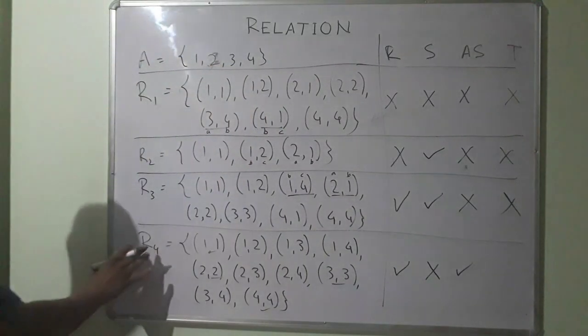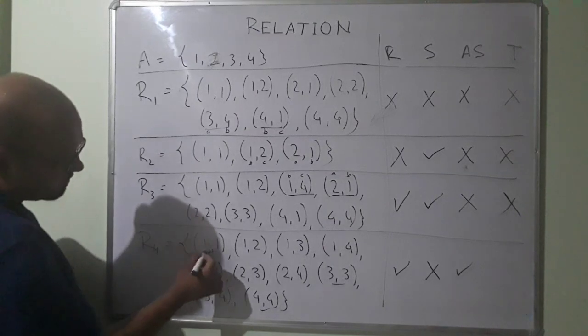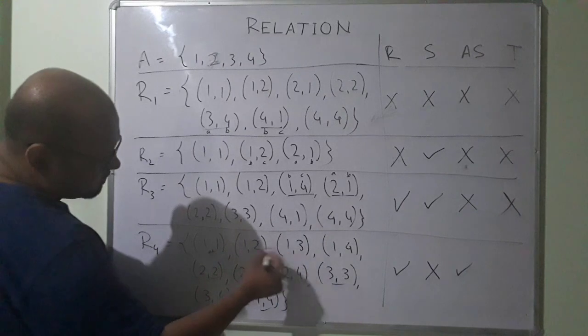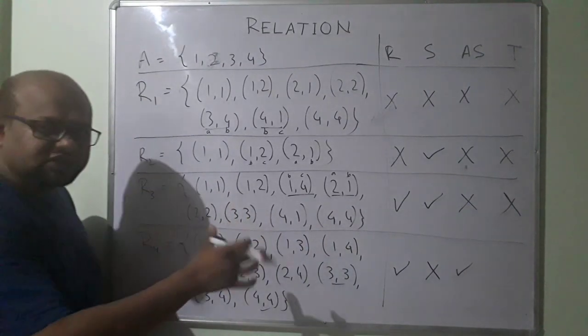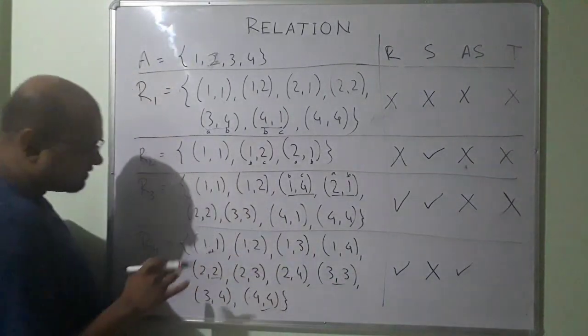Let us continue. Let us check whether this is transitive. So (1,1) and (1,2): (1,2) is there. (1,1) and (1,3): (1,3) is there. (1,1) and (1,4): (1,4) is there. So if we have this (1,1) and we check with something, that thing itself will be the transitive element, right?